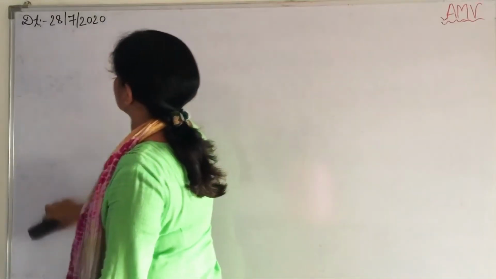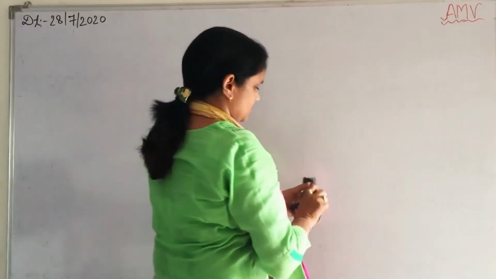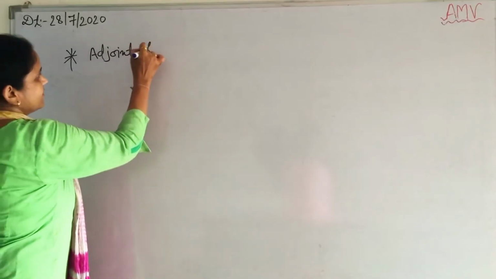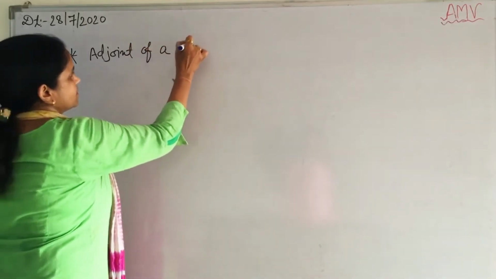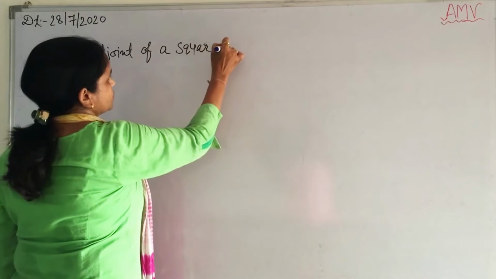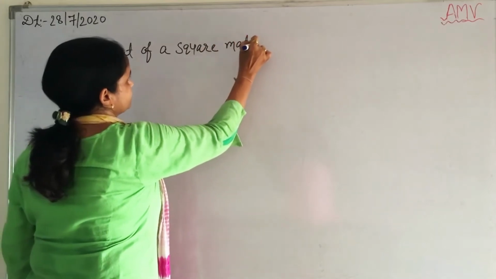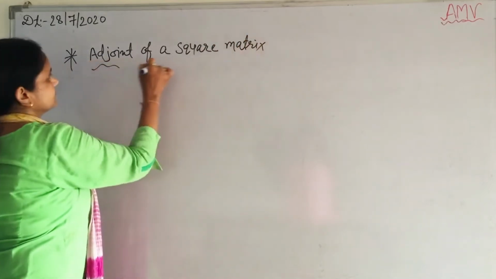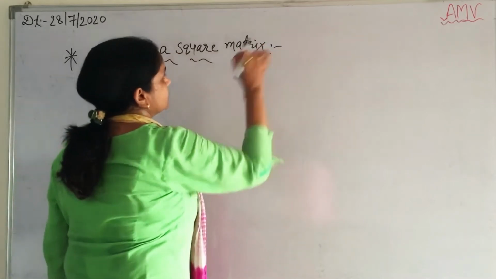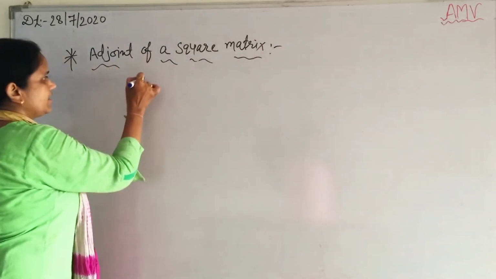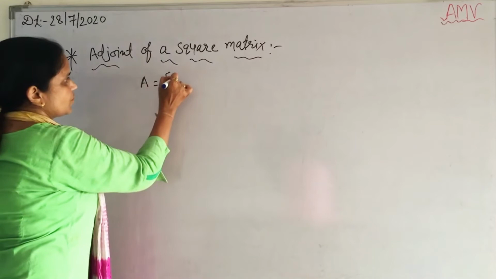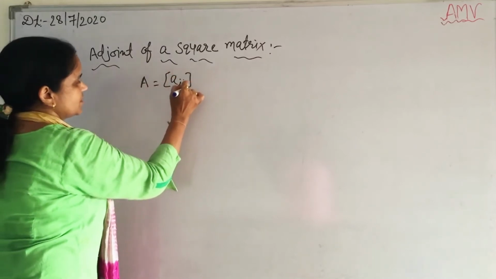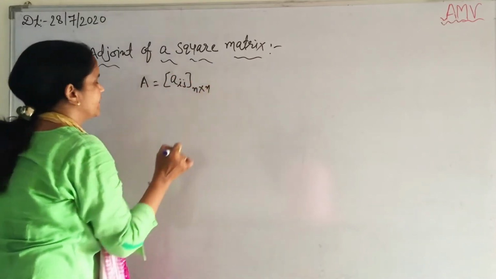And now, students, I am starting the new concept, the adjoint of a square matrix. A is a square matrix [aij] n by n.